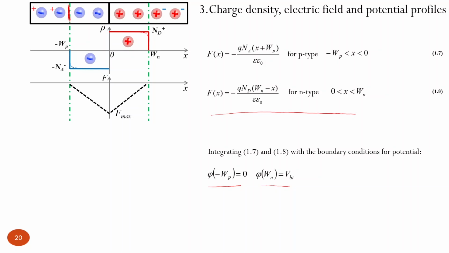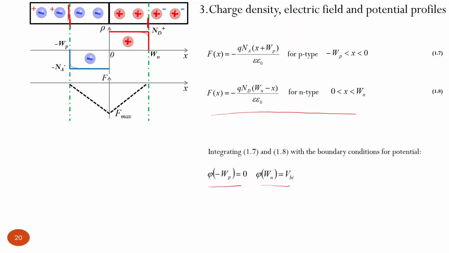Because electrostatic potential is always an arbitrary parameter, we need to set something to 0. So we set this to 0, and then as a result, the potential difference between this edge and this edge should be VBI, the built-in potential, which corresponds to the height of the potential barrier, which is Q times VBI.